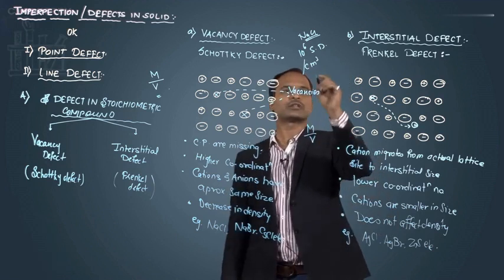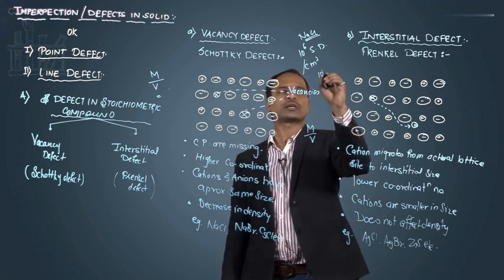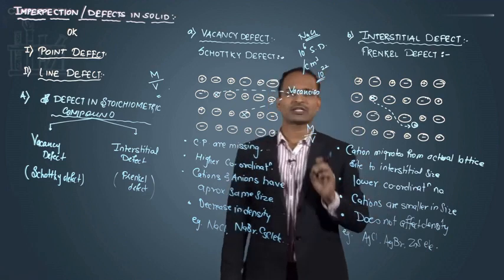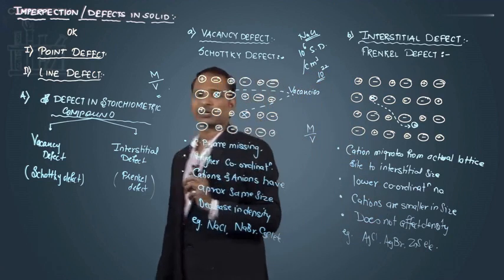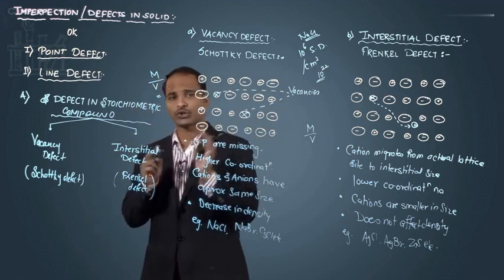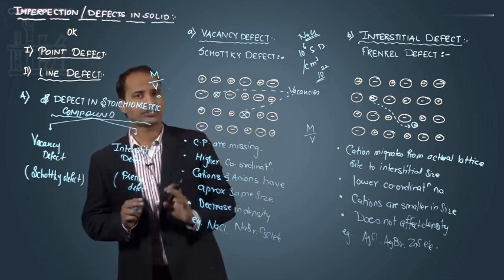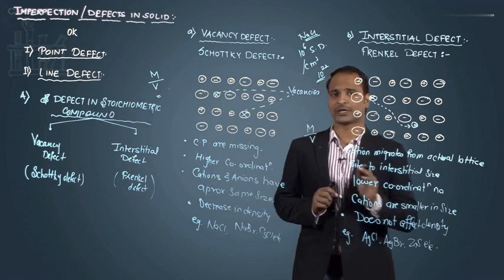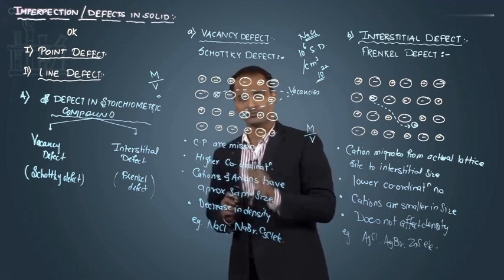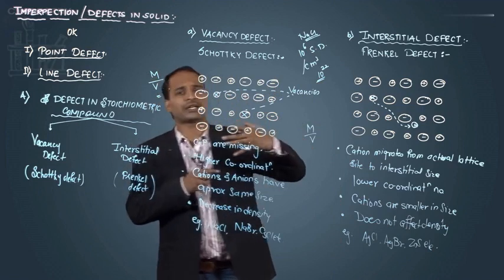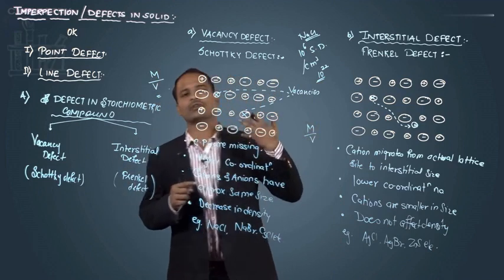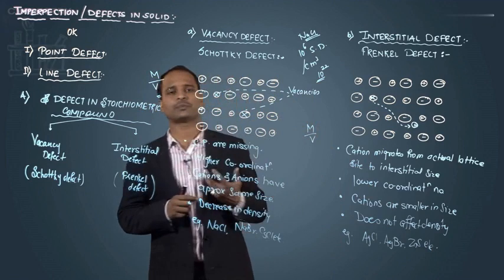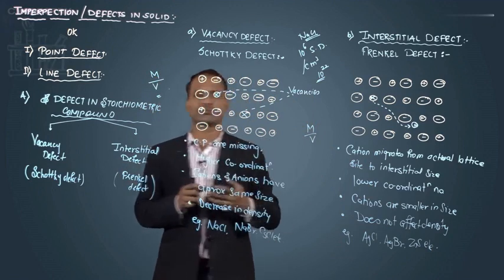And in 1 cubic centimeter of space, how many lattice points are there? About 10²². That means if I take NaCl at room temperature, it has 10²² particles, out of which 10⁶ particles are missing from their places because of the Schottky defect. If you increase the temperature, this value will go on increasing: from 10⁶, to 10⁷, 10⁸ particles will be missing.